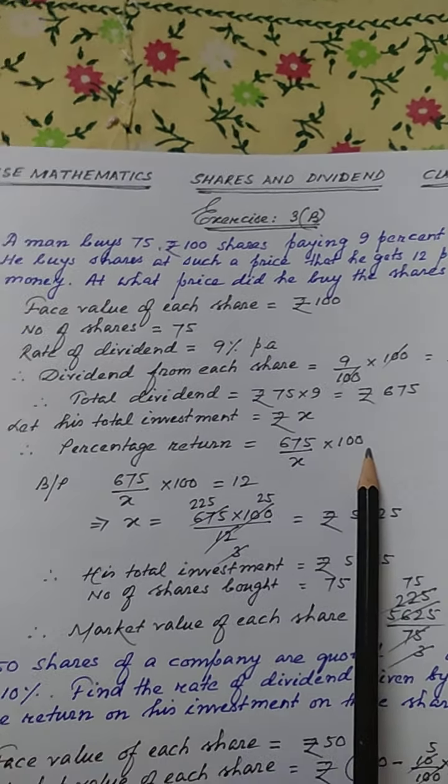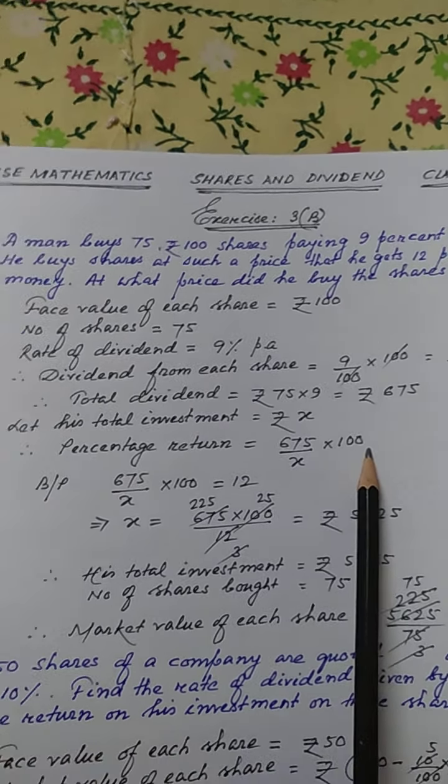Now for the second company, market value of each share is rupees 132, rate of dividend is 6% per annum. Therefore dividend from each share is rupees 6 by 100 into 100, that is equal to rupees 6.